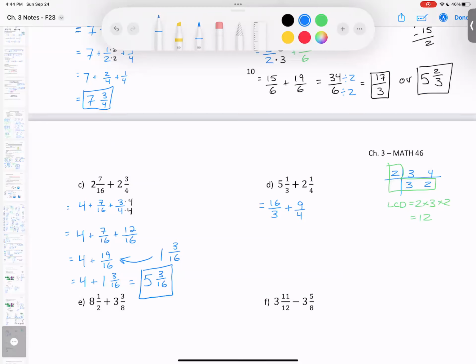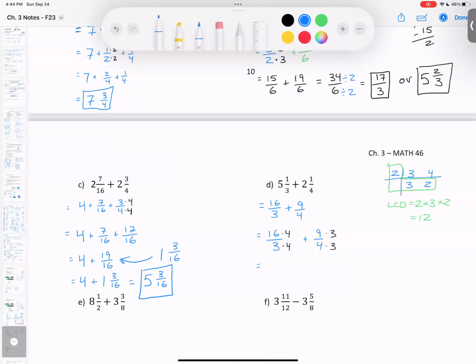So I want to convert both of these fractions to numbers over 12. So what did we have to multiply that first one by to get to 12? We would have had to multiply it by 4, which means we need to multiply that second number by 3.